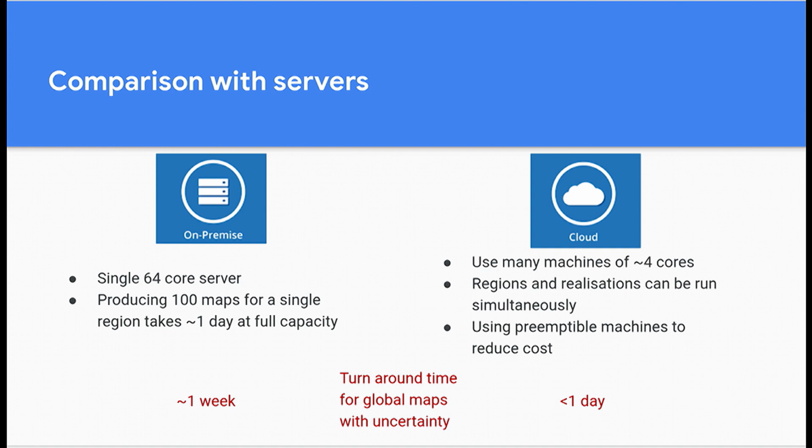So on our on-premise servers, to produce 100 maps for a single region would take about a day at full capacity, and then we have to do it for each of the 7 regions, so producing global maps would take about a week. Whereas on Google Cloud, we can use many small machines and run each of the regions and the realizations, so these 100 maps, simultaneously. And that would then produce our outputs in less than a day.